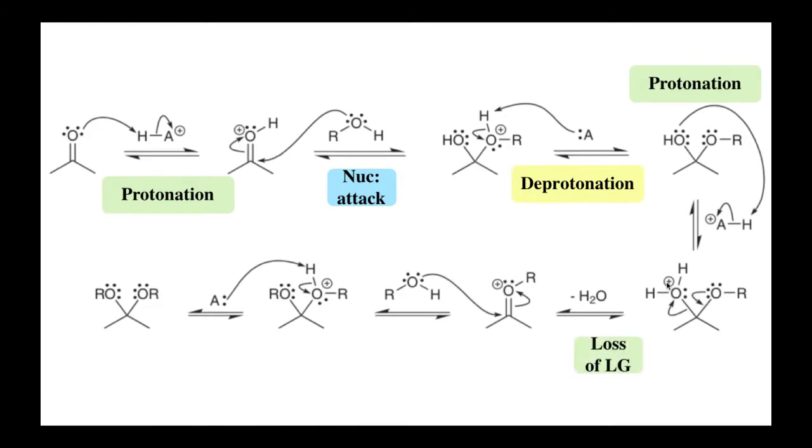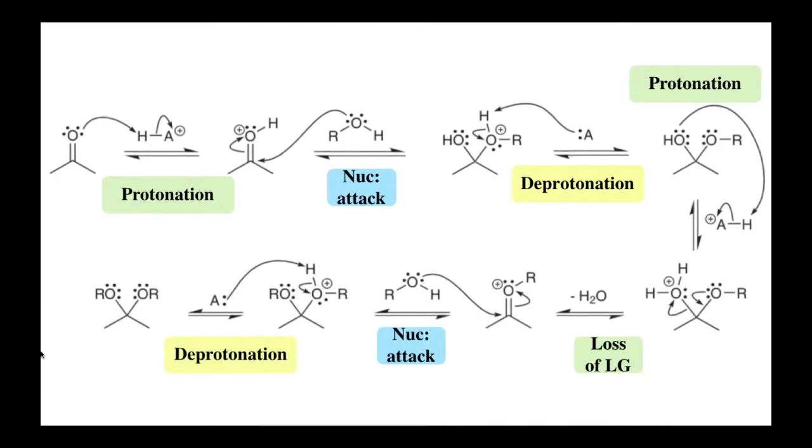So we're going to have a loss of a leaving group that leads to this activated carbonyl group once more. That activated carbonyl group will be nucleophilically attacked once more by another mole of our alcohol, and then we'll get this activated ether. And to get that activation removed to form a neutral ether, we're going to do what? Deprotonation.